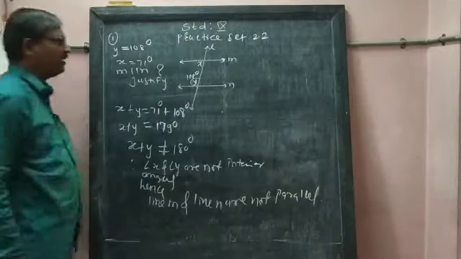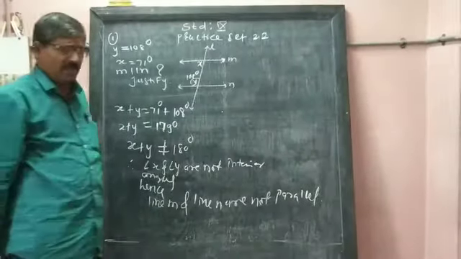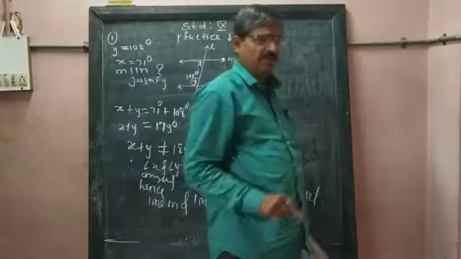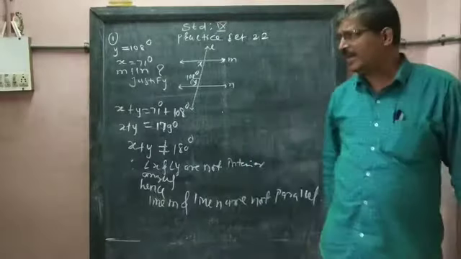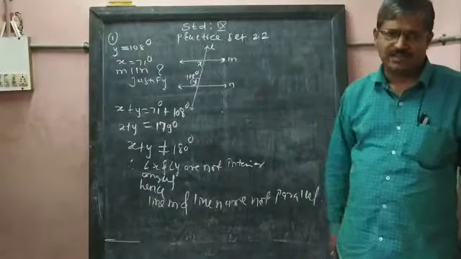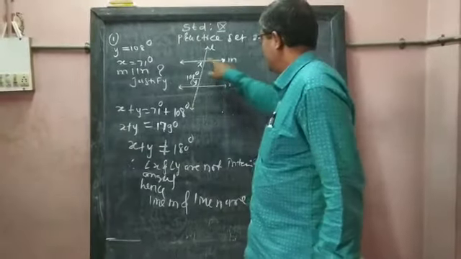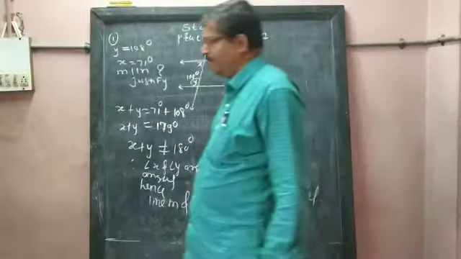Understand what is done here. If angles x and y are interior angles, meaning they are supplementary, then they can satisfy the condition. But here x and y do not satisfy the interior angle test, and therefore lines m and n are not parallel.